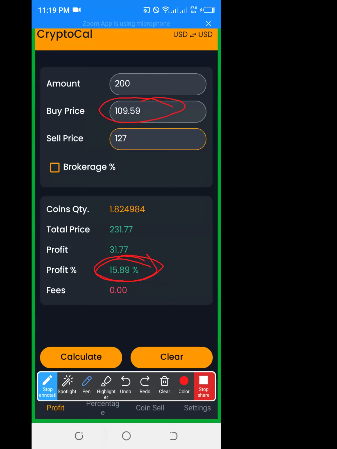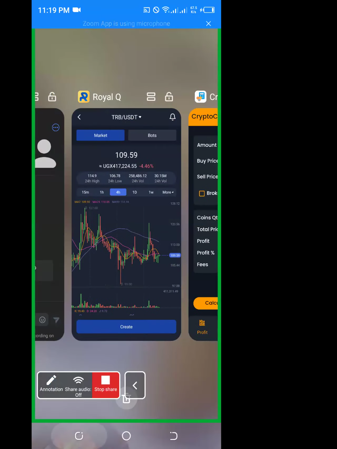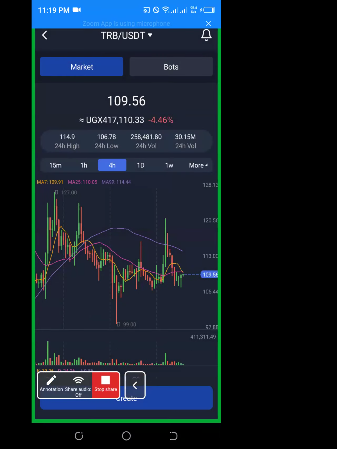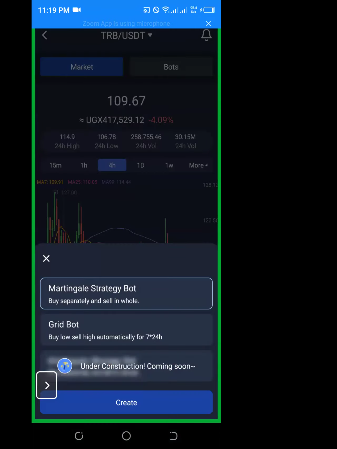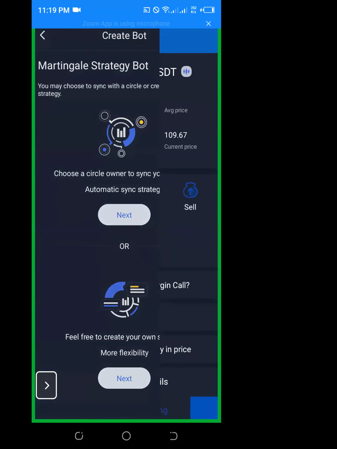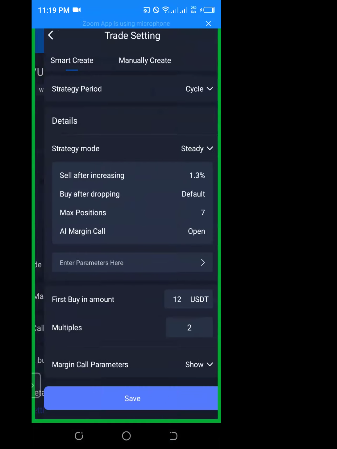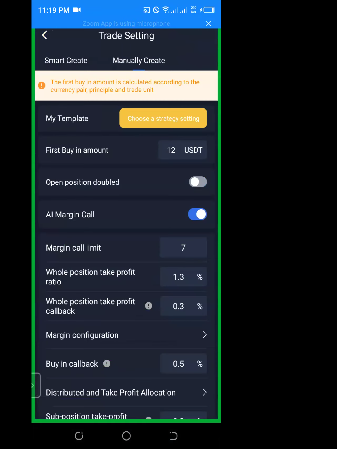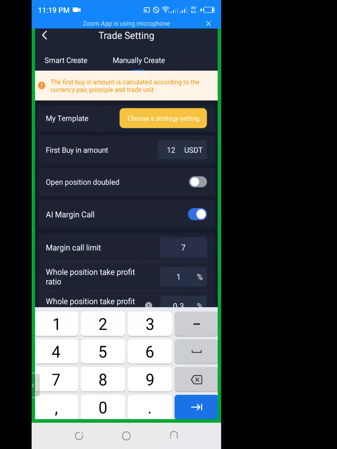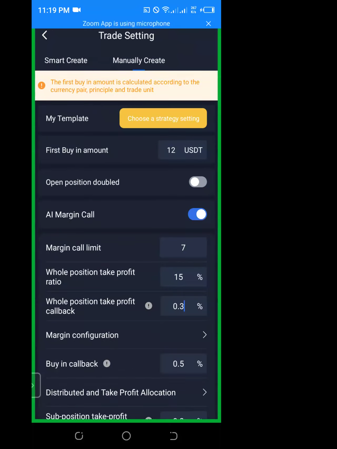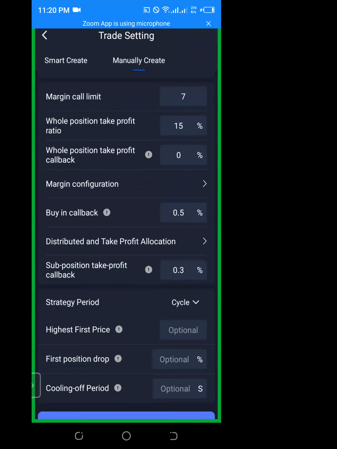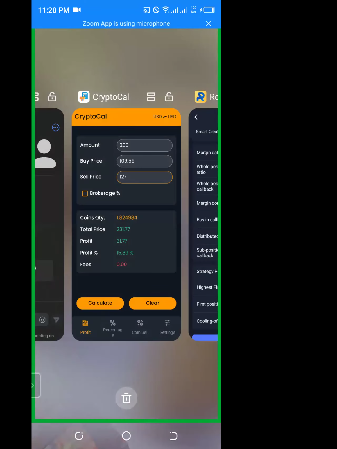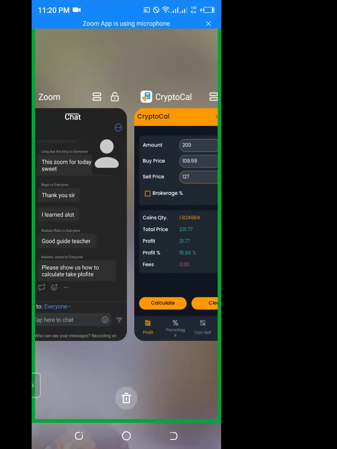I come here and put my 15% here. I can put a 0. The rest I have finished talking about. You only record the take profit. Someone asked me, how can I calculate the take profit ratio? You simply get the buy price.